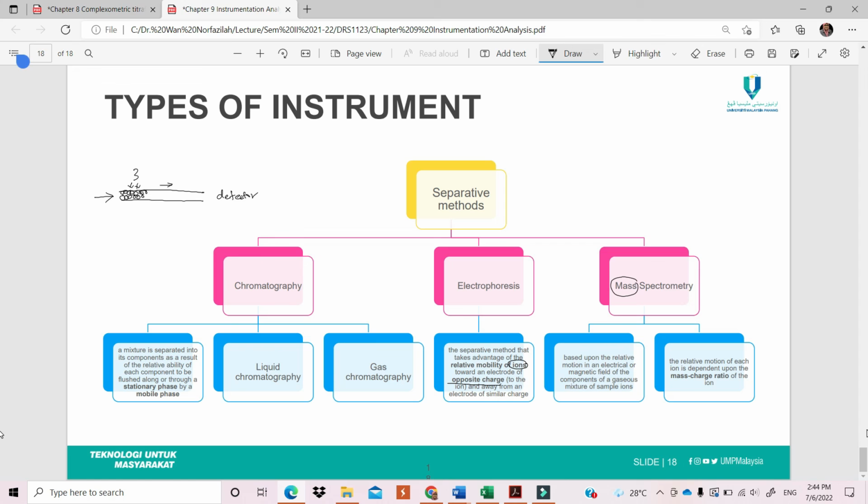Okay, so the separation of the ions is dependent on the mass to charge ratio of the ion. What is the mass to charge ratio? It is related to the atomic mass or molecular mass in the periodic table.